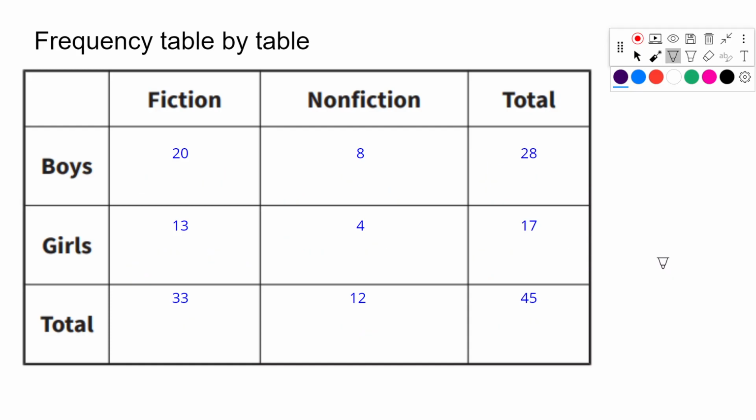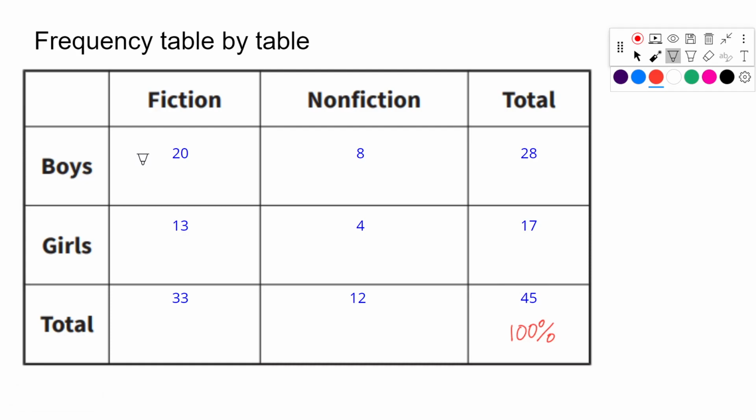And then the final relative frequency is going to be by the whole table. So the only place you're going to see that 100% is in the total column and the total of the total row. That's the only place we have the 100%. So all of these percentages are going to be out of 45.